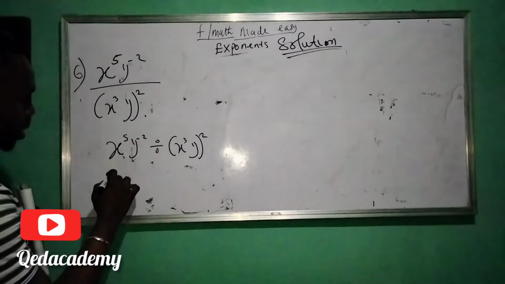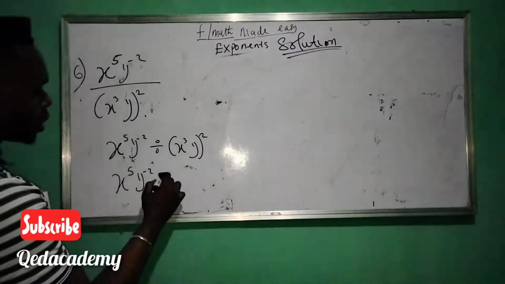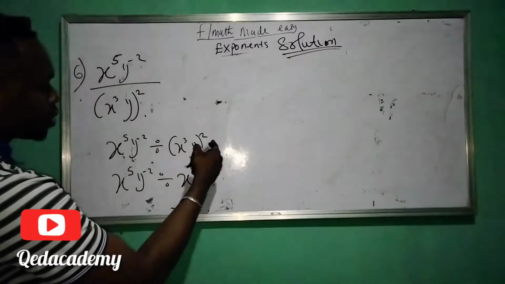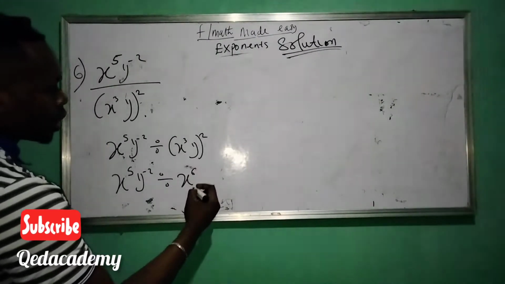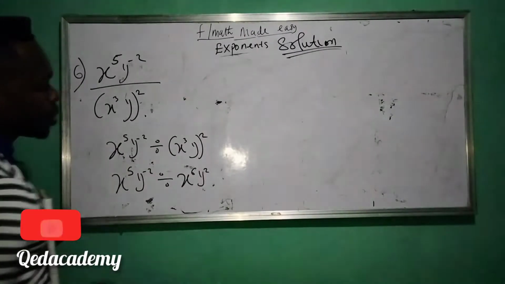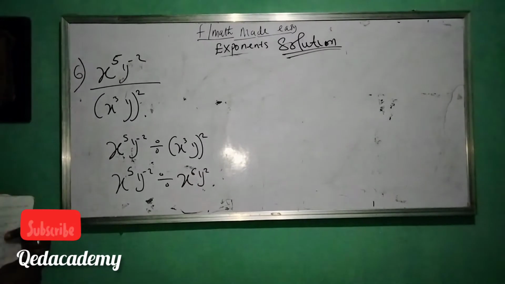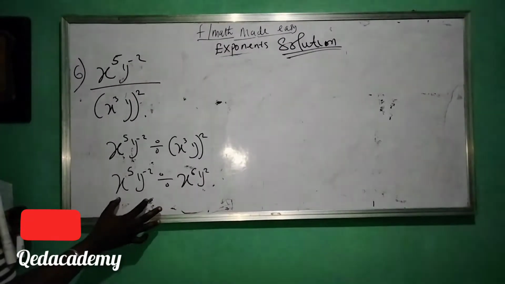Let's deal with this first. This will become x raised to the power 5, y raised to the power 2 divided by x raised to the power 6. This is 3 times 2, which is 6, and y raised to the power 2 becomes y raised to the power 2, right? Yes, that's what it is, guys. So let's deal with what we have here.